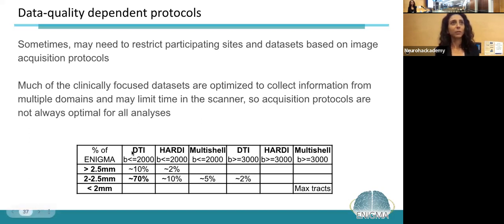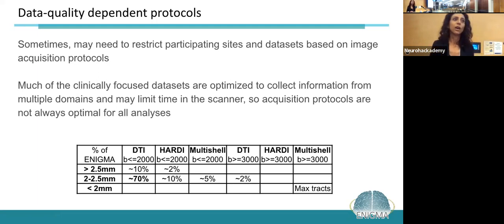And maybe they have about 12 directions. So really doing tractography on something like that is limiting a lot of the other data sets to the lowest common denominator, and that might be too low. So we oftentimes put some filter to say, okay, you need to have at least this level of data quality to be able to run this protocol.